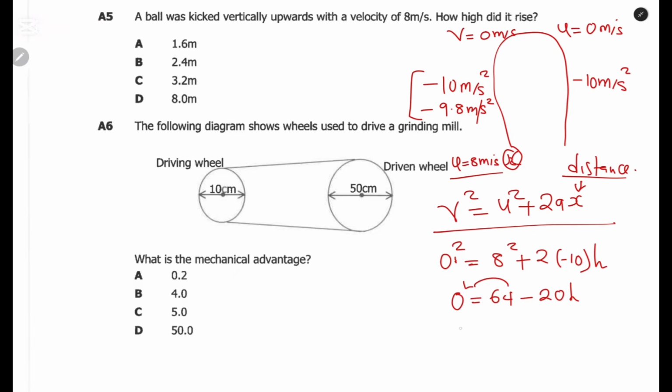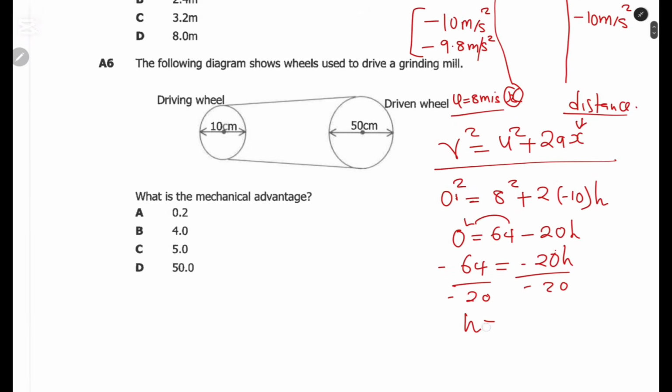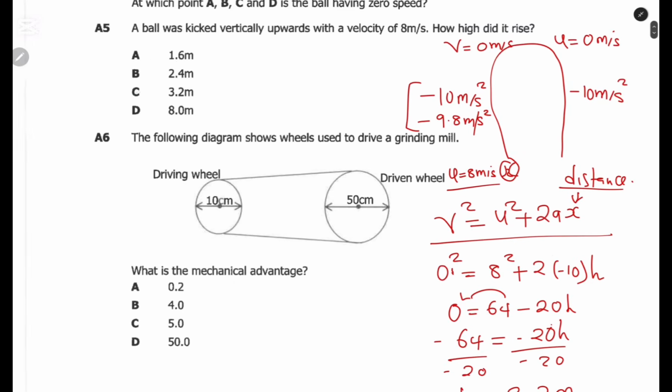We can bring 64 to the other side to be negative 64 equals negative 20h. We divide both sides by negative 20, and therefore h, which is the height, is going to give us 64 divided by 20, which should give us 3.2. In this case it is meters. So this is the answer that we are looking for, and therefore the answer is C.